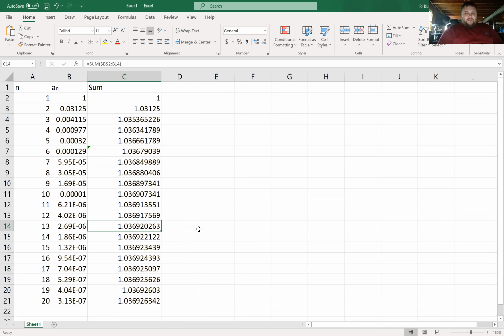And then when does it start to repeat and continue from then on? So here's the first time that we have 03692. That only took 13 terms. But notice the first time that it repeats is 14 terms. So we solved that it would take 14 terms to be accurate to 5 decimal places.